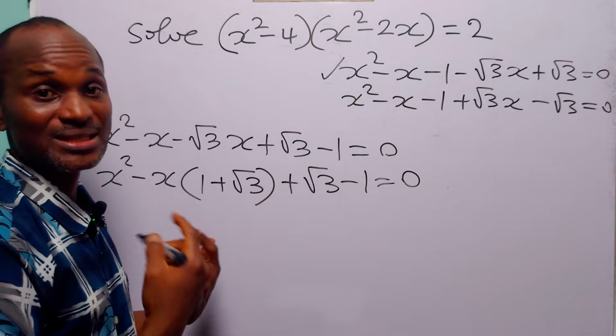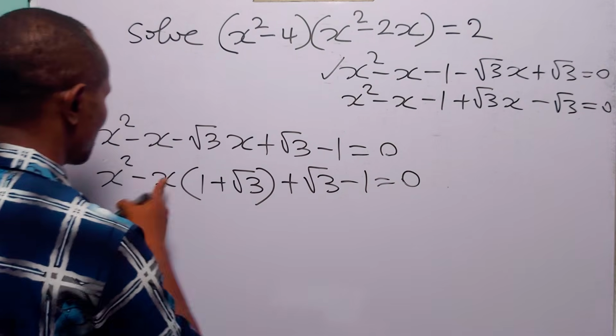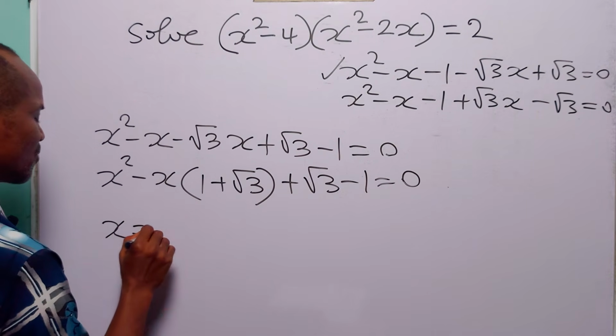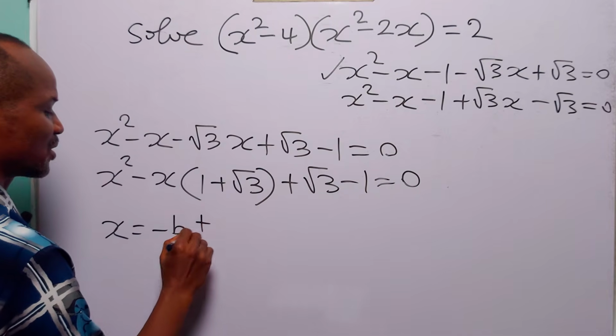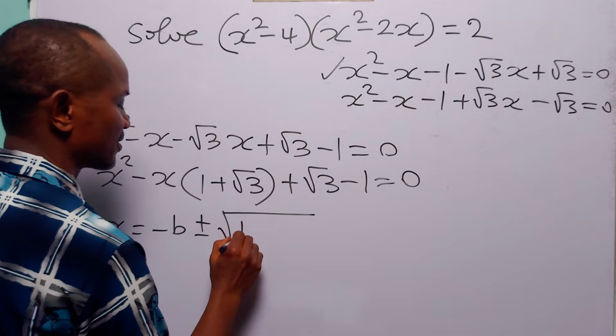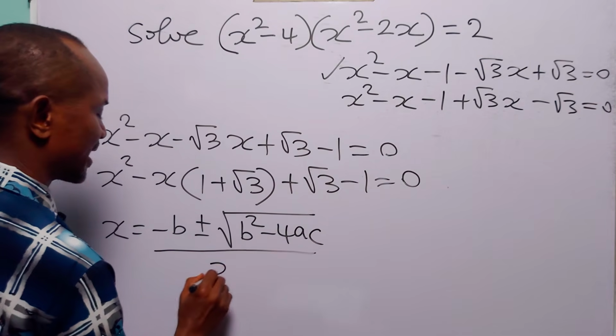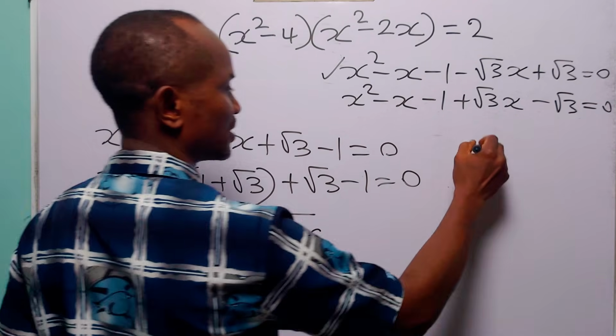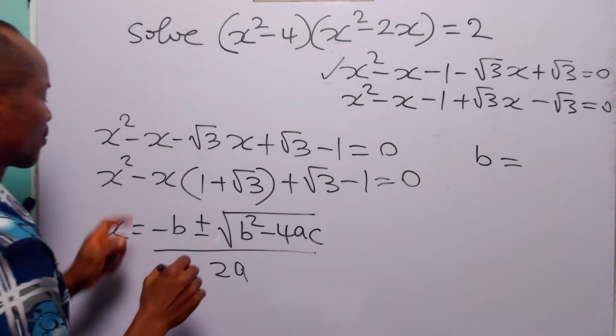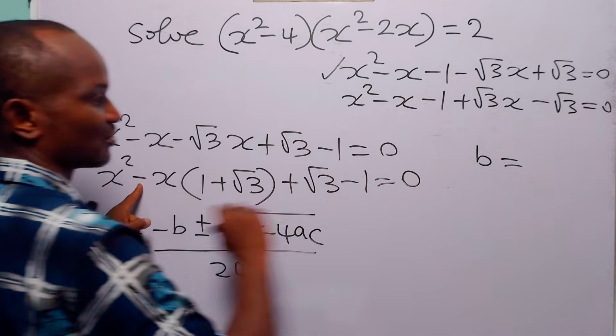We can solve this quadratic equation using the quadratic formula. We have that x is equal to minus b plus or minus the square root of b squared minus 4ac, divided by 2a. Of course, we know that b is equal to minus 1 plus root 3.